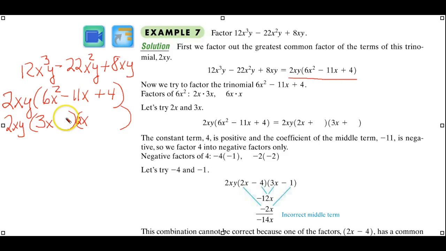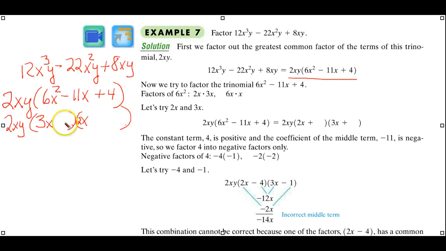Now, if I put the 4 there and the 1 there, no. But let's try the 2 and the 2. Now, here I get a 6 and a 4. That's not going to work either.